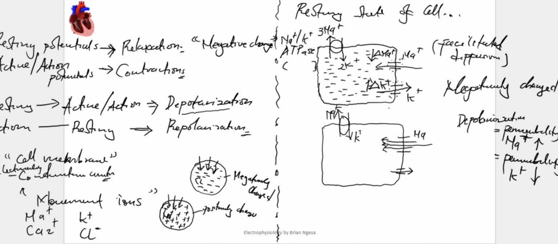So what does this mean? This means that our cell, which was previously negatively charged in the resting state, if it actually takes in a lot of sodium, which is normally positively charged, it means that our negative charge will be reducing.